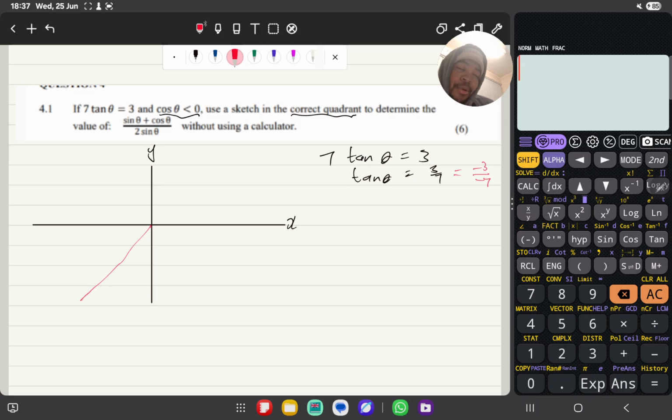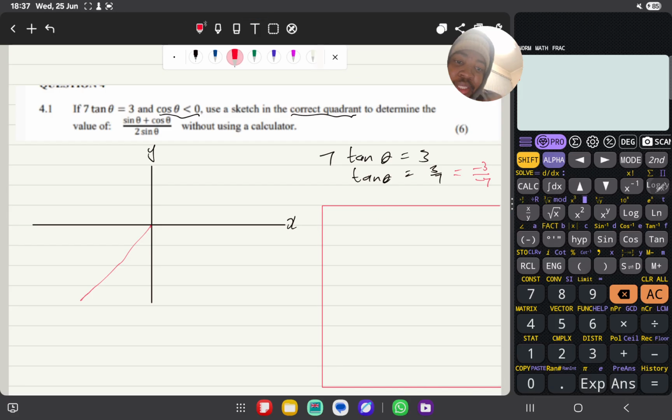So I'm going to give you something that you know that will help you not mess this up. You're going to go back to the old days of how you'd draw your Cartesian plane.